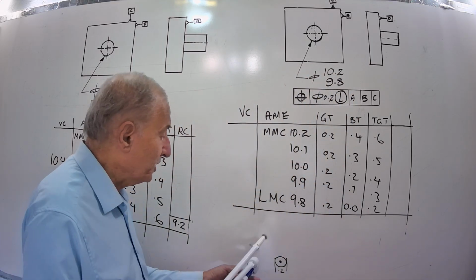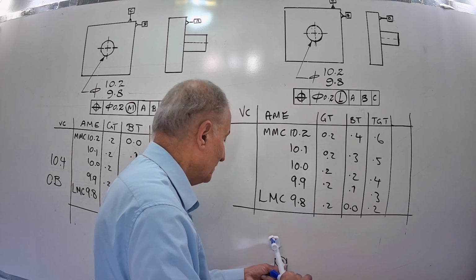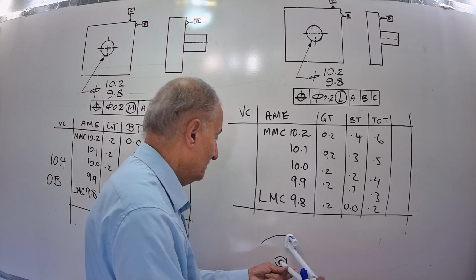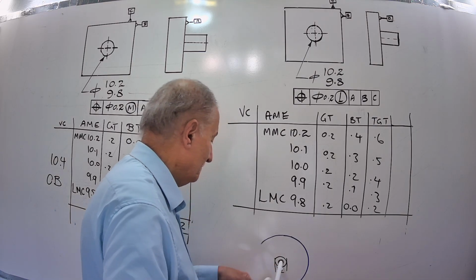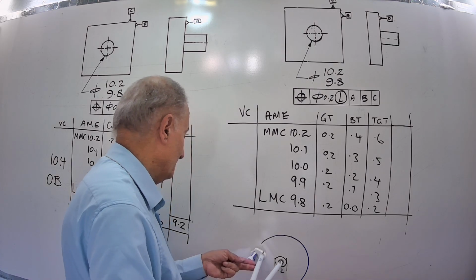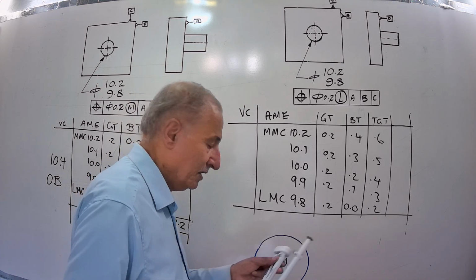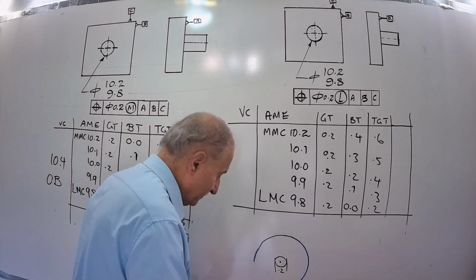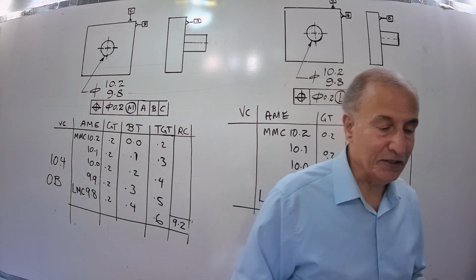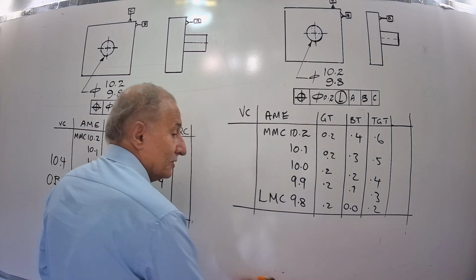Let's draw 9.8 here, the circle. That's the ideal case. But it cannot happen.